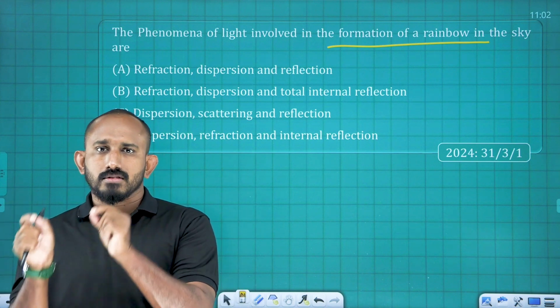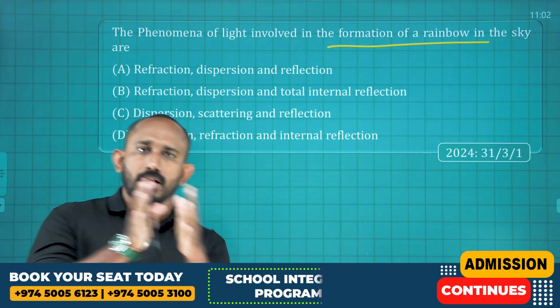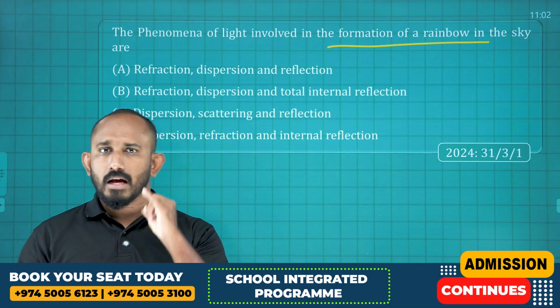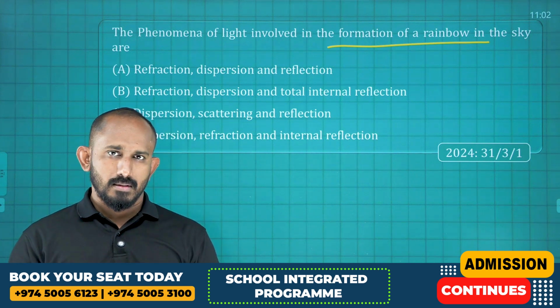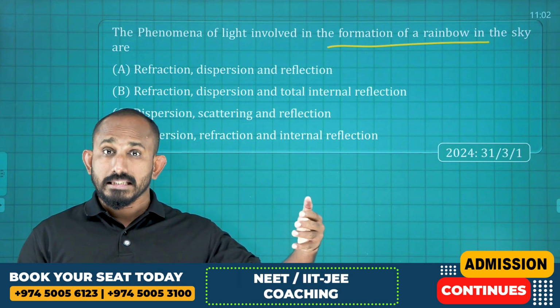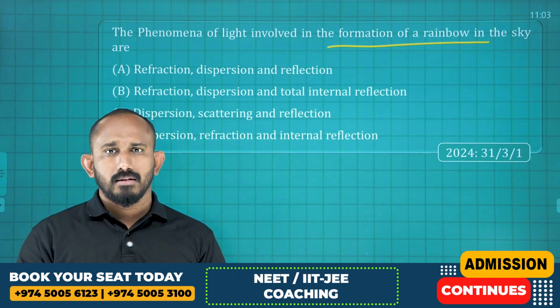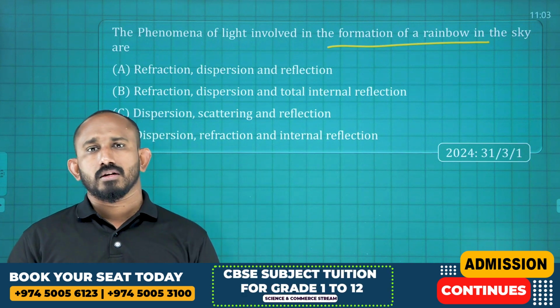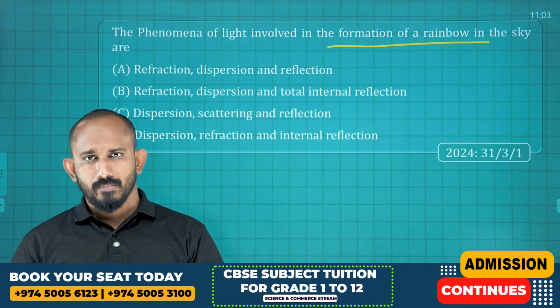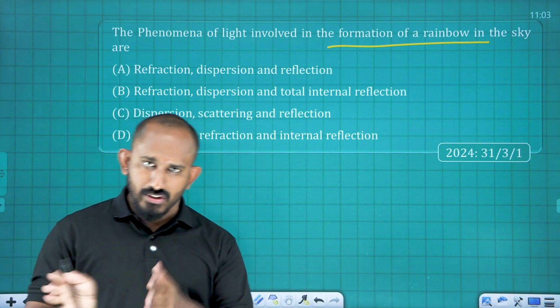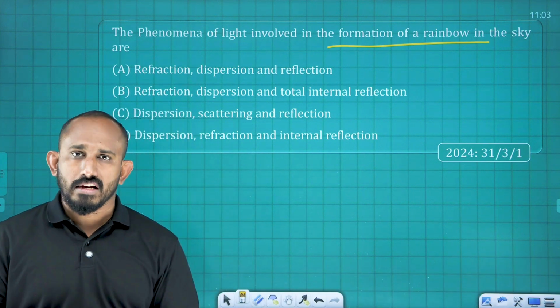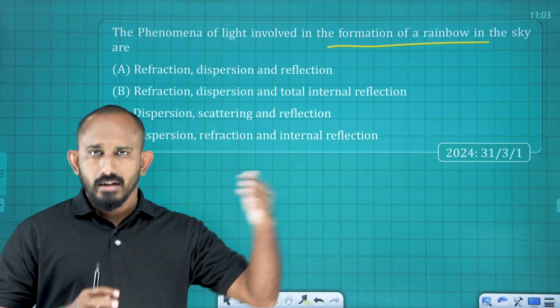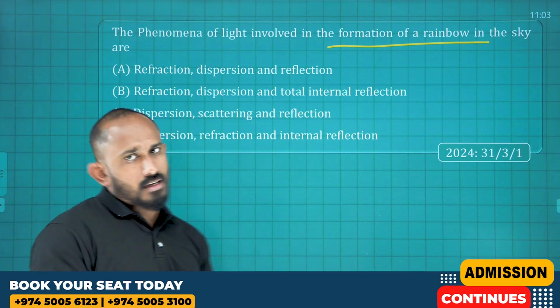When the light rays, sunlight, pass from air to a water drop, refraction happens and dispersion takes place. Then at the other end, total internal reflection happens and it comes back. Then again one refraction happens. So refraction is there, dispersion is there and internal reflection is also there. While entering, it undergoes refraction and dispersion. Then it internally reflects, then again comes out.